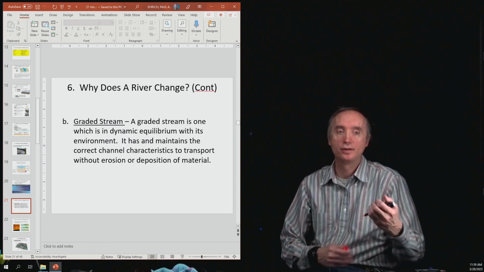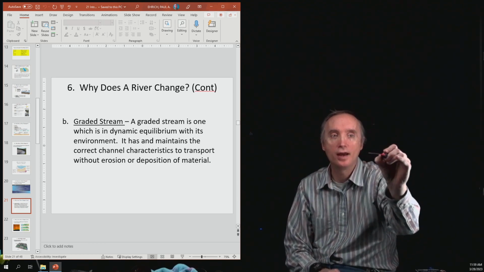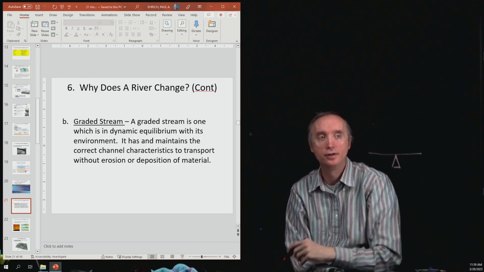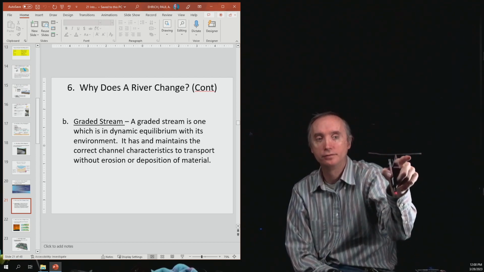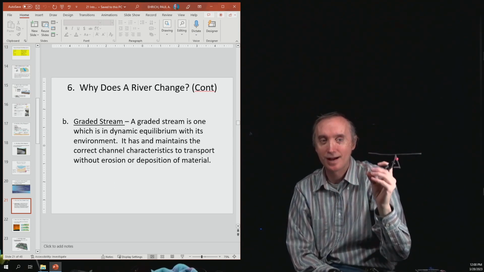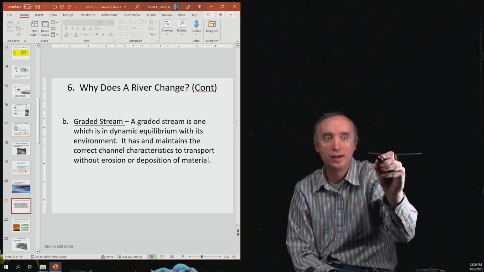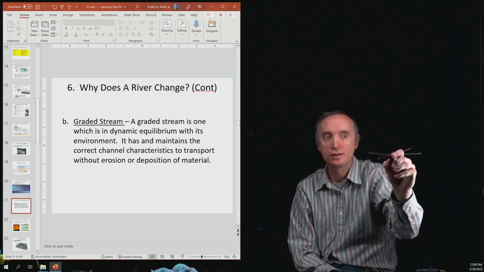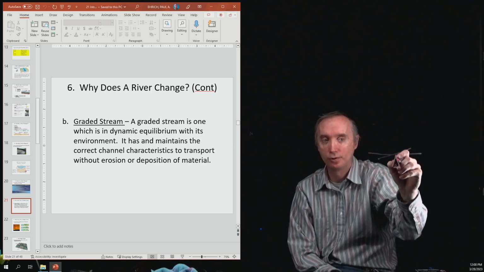Let's pretend that you have a teeter-totter, and you've got people on either end of it, and so it can move. It's dynamic. You can go up on the teeter-totter and you can go down, but it always is going to maintain this equilibrium.